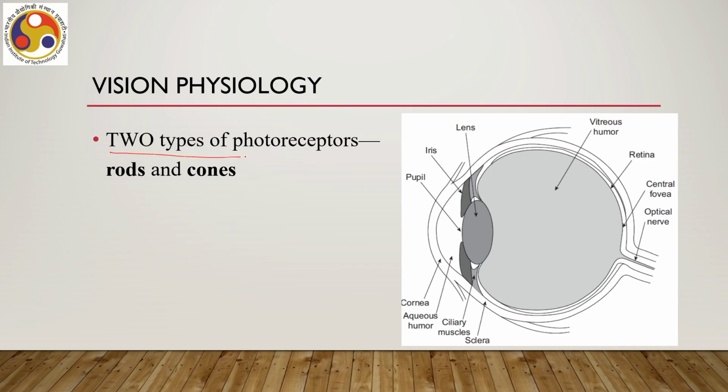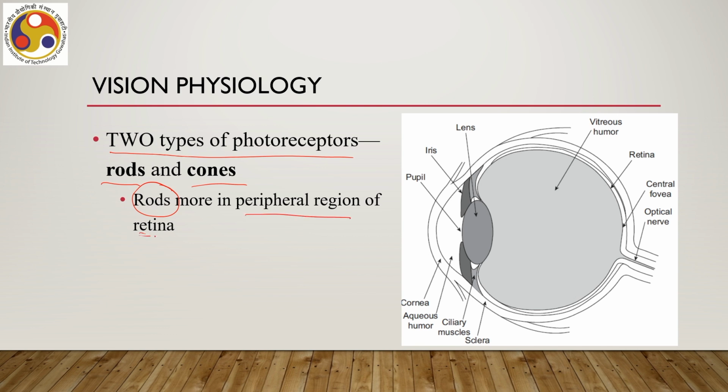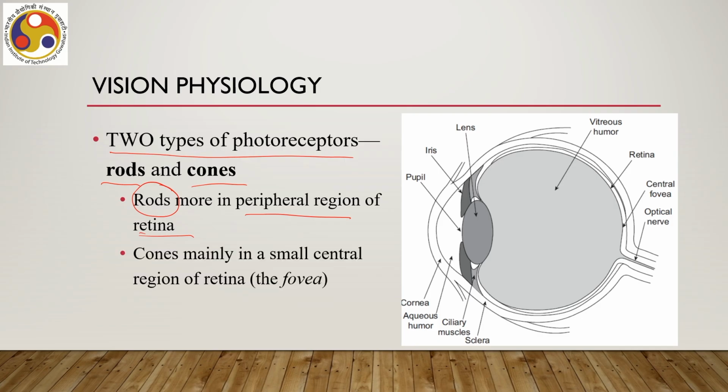Now, there are two types of photoreceptors, rods and cones. So, the human eye contains two types of photoreceptors, rods and cones. Rods are more in number in the peripheral region of the retina, and cones are mainly in a small central region of the retina, which is called the fovea.